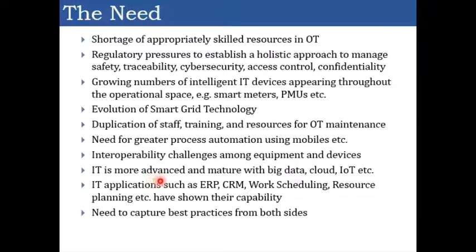Now IT has become more advanced, because we have a lot of IT related tools such as big data, cloud, and internet of things. When operational technology matured in the past, say in the 70s and 80s, IT was just evolving. So there was no maturity.